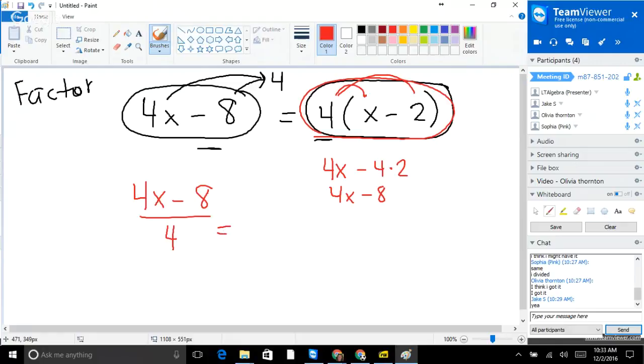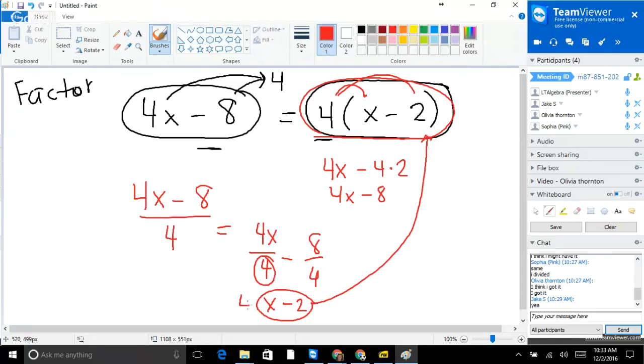So if you think about it this way, it would be 4x divided by 4 minus 8 divided by 4. 4x divided by 4 is x, and 8 divided by 4 is negative 2. So here's that same term that we had up here, and what we pulled out was a 4. So that gets to go here. I'm trying to explain how they all go together.